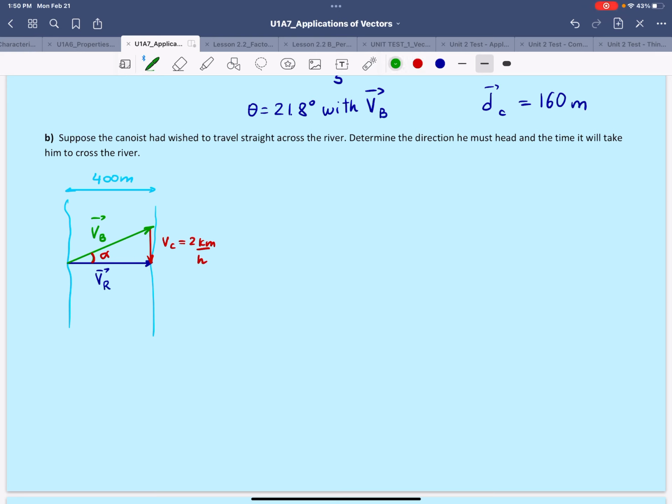And we also know the velocity of the canoe, which we have indicated by VB, and it's 5 kilometers an hour. That's the hypotenuse, and opposite and hypotenuse suggests that we use a sine ratio. So we'll say that sine alpha equals 2 over 5, which makes alpha the inverse sine of 2 over 5, and the inverse sine of 2 over 5 would be equal to 23.6 degrees.